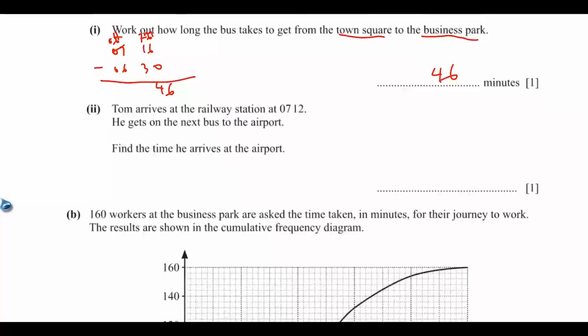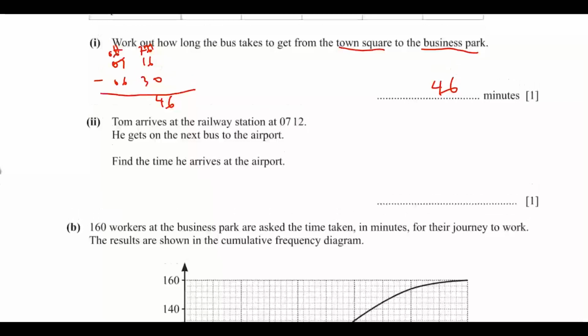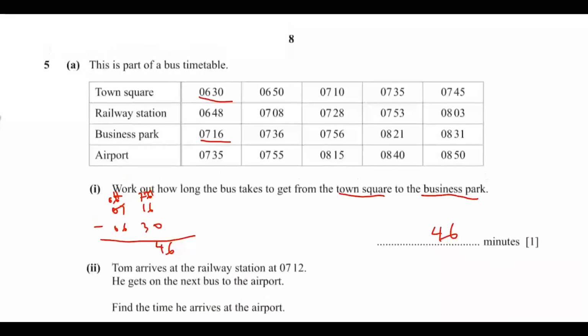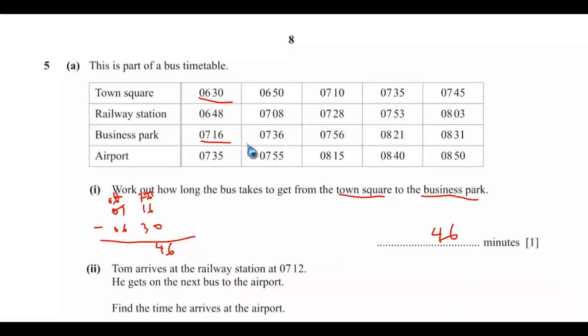Roman figure 2. Tom arrives at the railway station at 7:12. He gets on the next bus to the airport. Find the time he arrives at the airport. Okay, let's go back to the table. So he got to the railway at 7:12. Okay, so this is railway. So 7:12 is in between these.